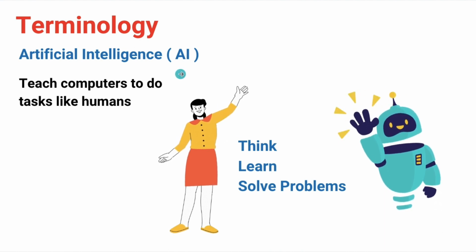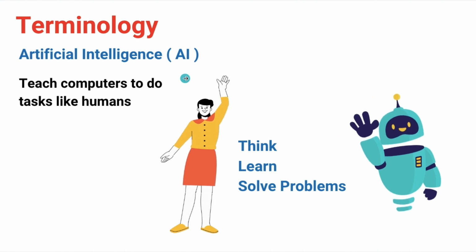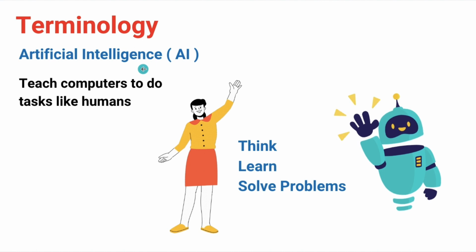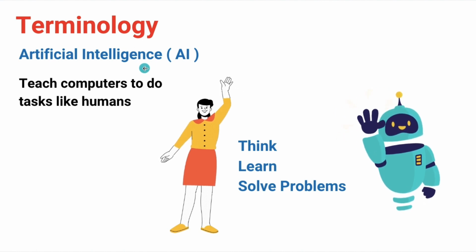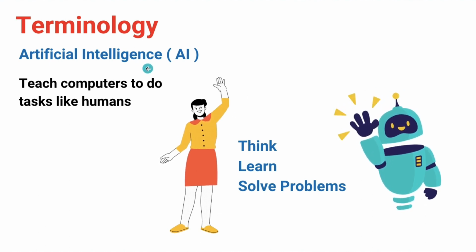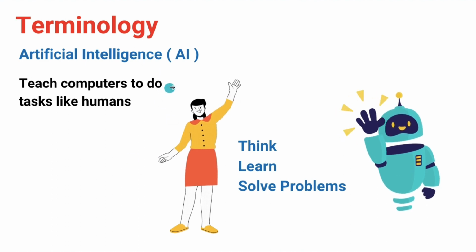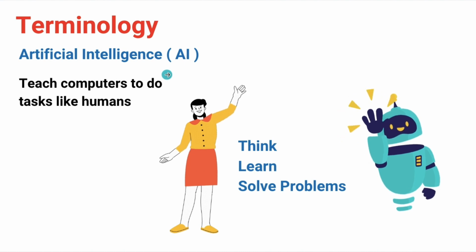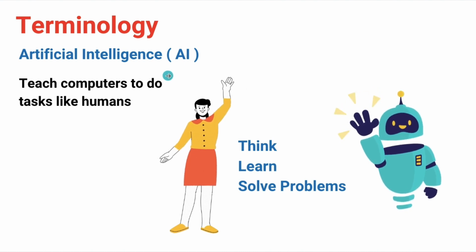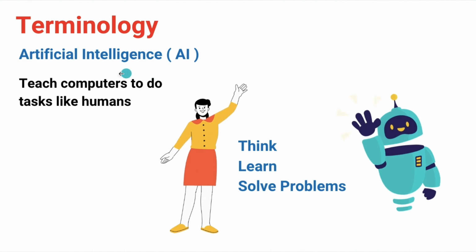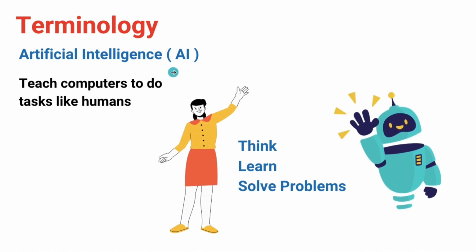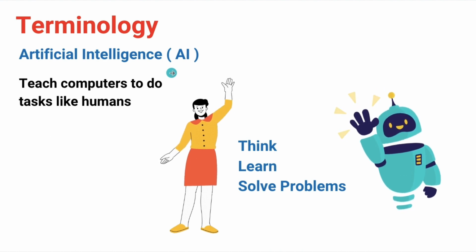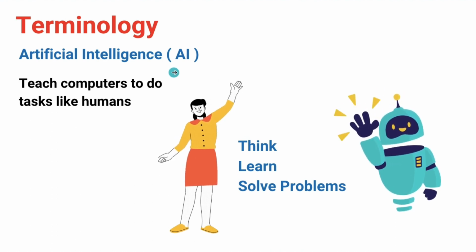So my friends, if you want to do, let's say, coding like a human, you just train artificial intelligence how to do coding, and then it will do coding for you. Similarly, for example, you want to teach artificial intelligence how to draw, how to do drawing. After you teach it, it will help humans to draw drawings.